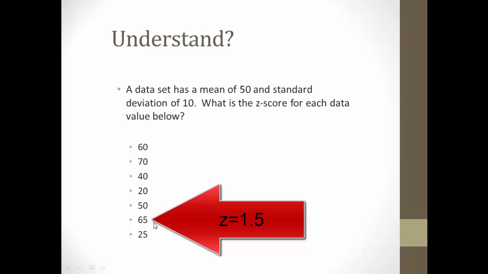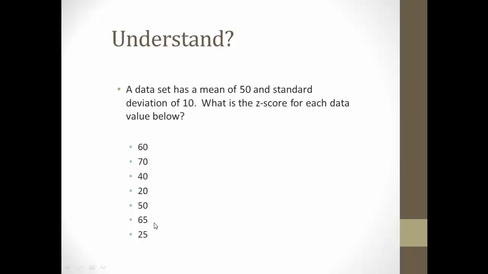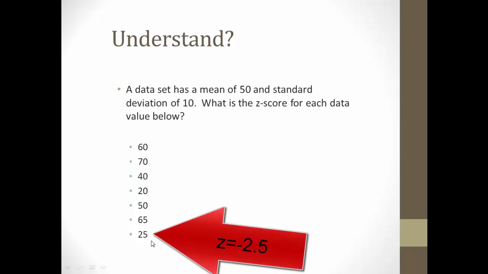So 65 has a z-score of positive 1.5. And finally 25 is negative 2.5 standard deviations below the mean, so it has a z-score of negative 2.5.